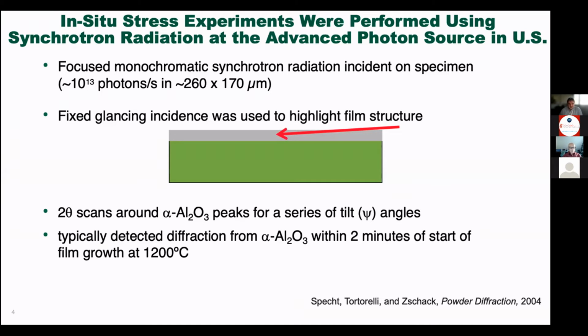This was done at low incidence to concentrate on what's going on in the oxide as opposed to the metal. And because we're using a high brilliance source, we typically can detect alumina from its earliest stages of growth. We're usually within 2 minutes of getting to the oxidation temperature.